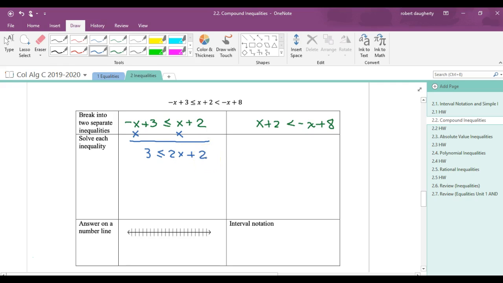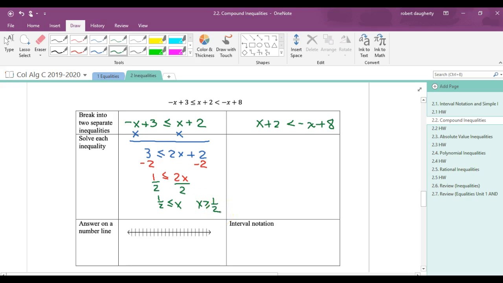Now I do what? Subtract 2 from both sides. 1 less than or equal to 2x. Now I divide everything by what? 2. And I get 1/2 less than or equal to x. If I write that with the x first, that's going to be x greater than or equal to 1/2.